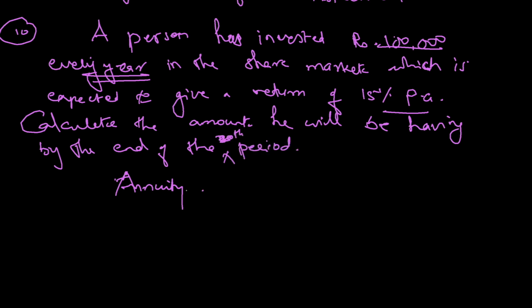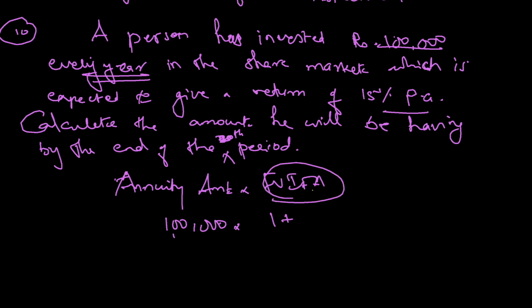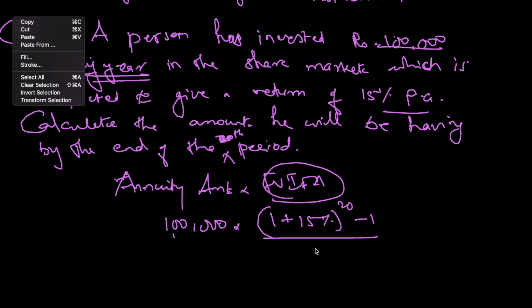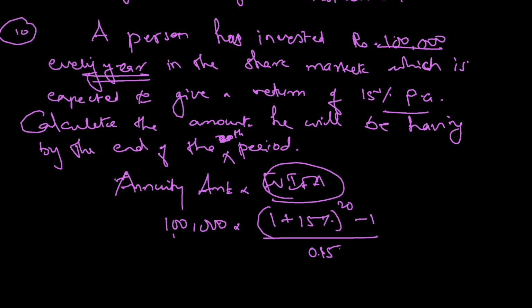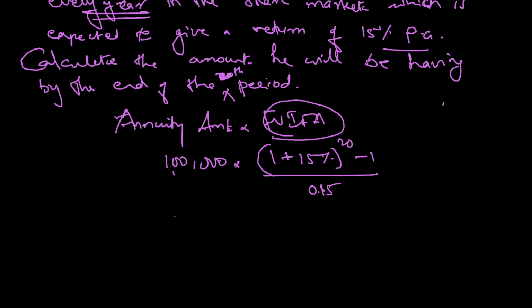The formula goes like this: annuity amount into future value interest factor annuity. The annuity amount is 1 lakh into 1 plus r to the power n, where r is 15%, 0.15, and n is 20 periods, minus 1, divided by r.